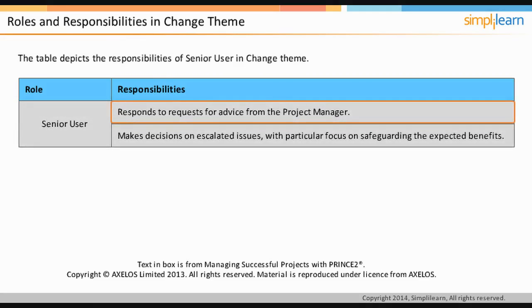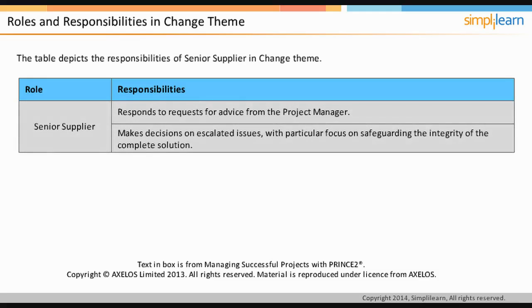The senior user responds to requests for advice from the project manager and makes decisions on escalated issues, with particular focus on safeguarding the expected benefits. Senior supplier not only responds to requests for advice from the project manager, but also makes decisions on escalated issues, with particular focus on safeguarding the integrity of the complete solution.